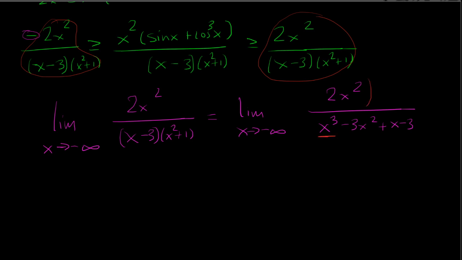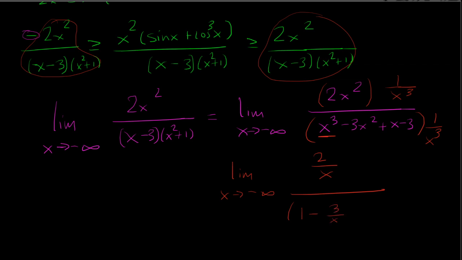So let's multiply everything by 1 over x cubed. I have the limit as x approaches negative infinity of 2 over x, over 1 minus 3 over x plus 1 over x squared minus 3 over x cubed.